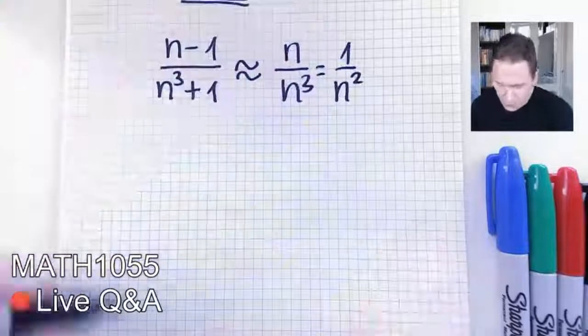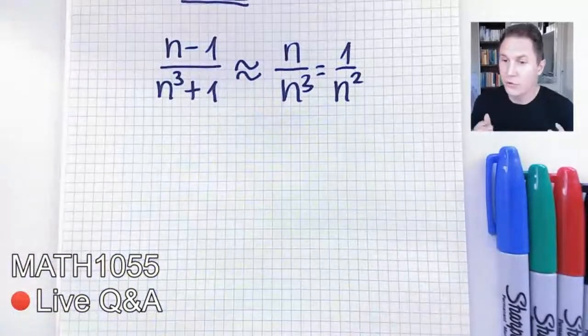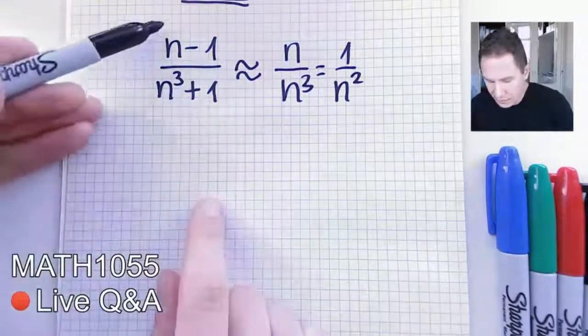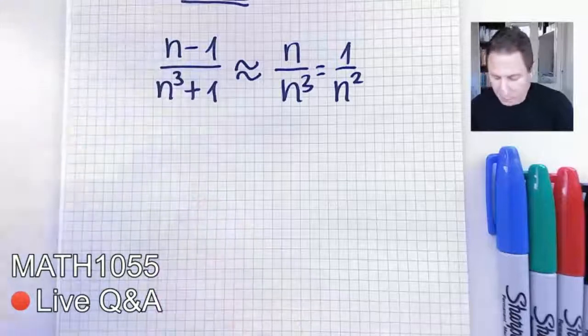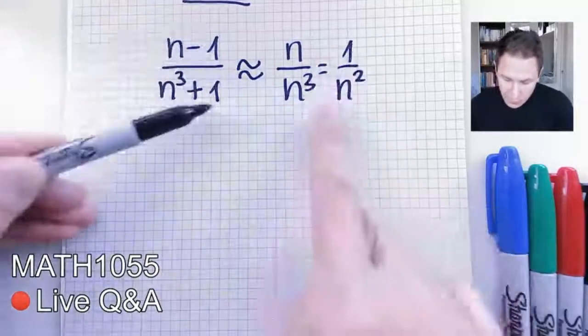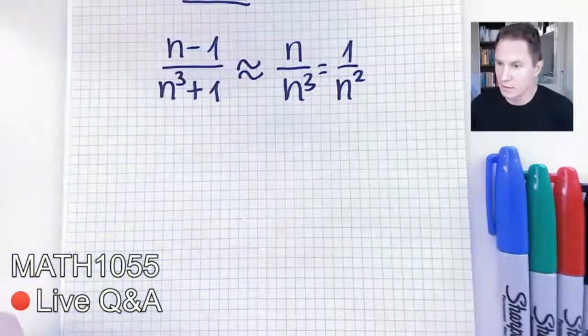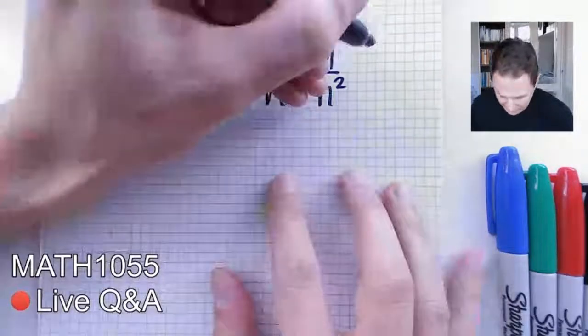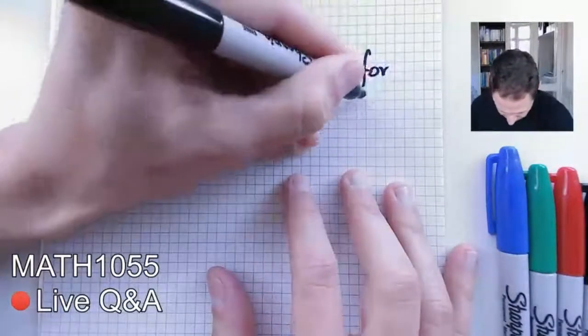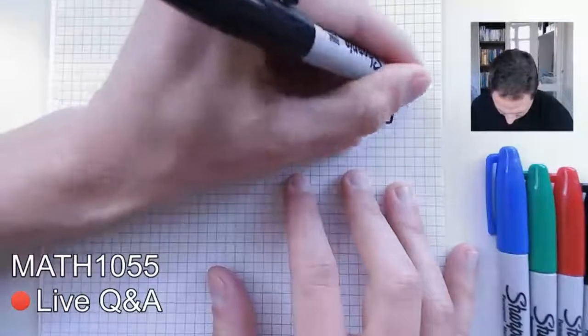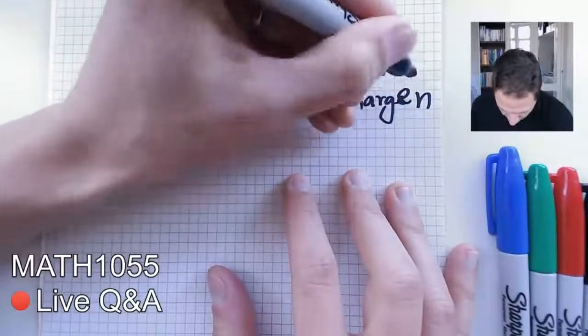Now is the time that you can use your calculator and plug in n equals a million into these two sides, and you will get similar answers for large n. Okay, so this is not a proof of anything.